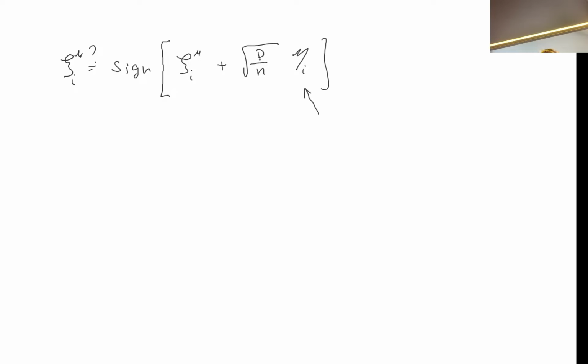And this turns out to be zero mean, unit variance. And it's also Gaussian, but we don't care about that.